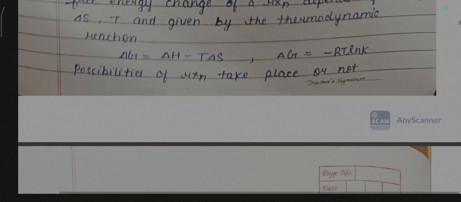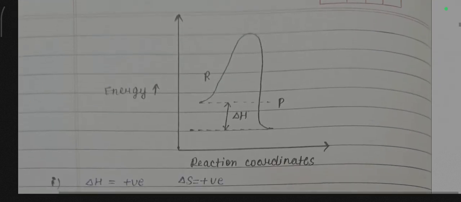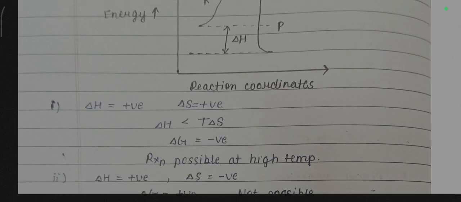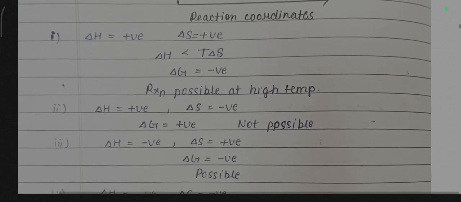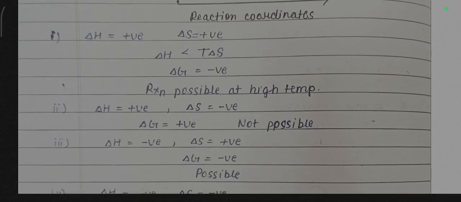Possibilities of whether a reaction takes place or not. If del H is positive and del S is positive, and del H is smaller than T del S, then del G is negative. Reaction is possible at high temperature.